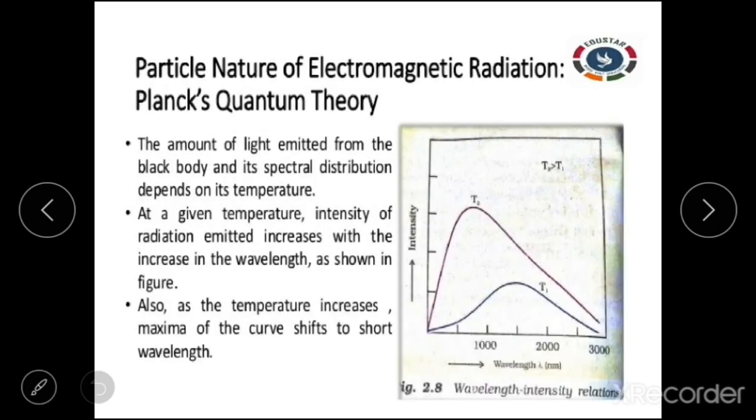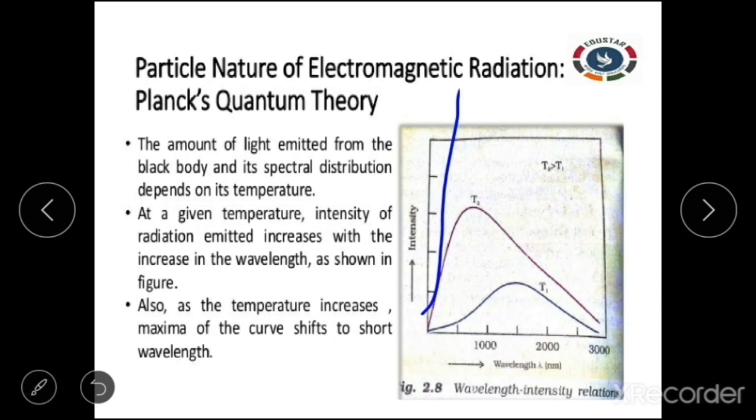Now I am going to say the thing which supports the particle nature of electromagnetic radiation. Previously, in our classical physics, when the intensity was raised, the wavelength also increased. It doesn't meet an end. This was the ultraviolet catastrophe, and why this happens, those explanations can't be given in classical physics.